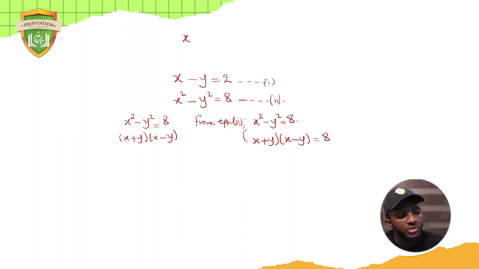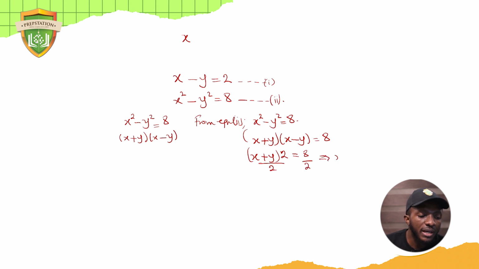But equation 1 tells us that x minus y is 2. So if x minus y is 2, what it means therefore is that x plus y times 2 equals 8. So if we divide both sides by 2, it's going to leave us with x plus y equals 4.